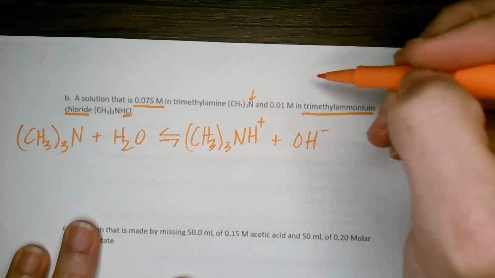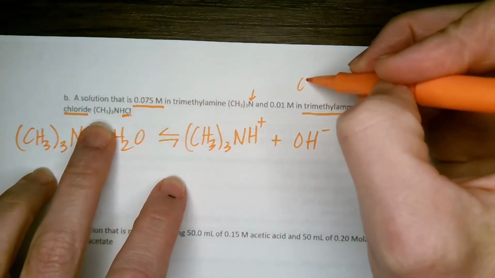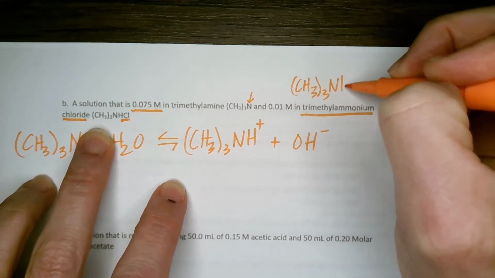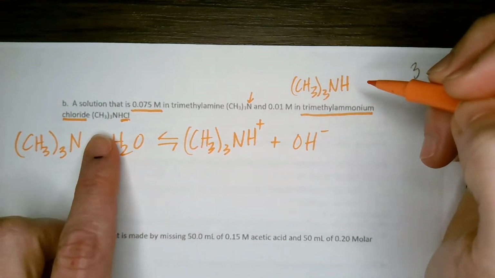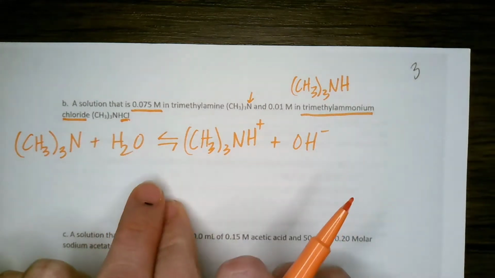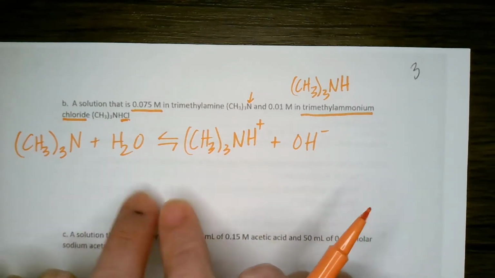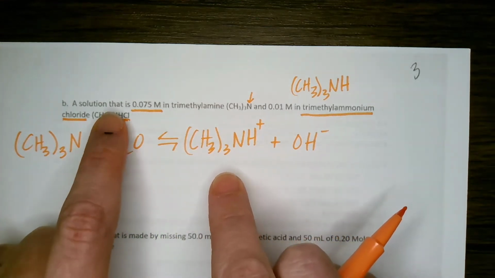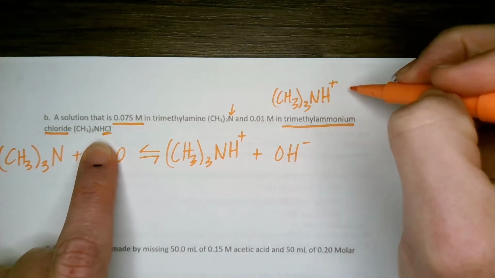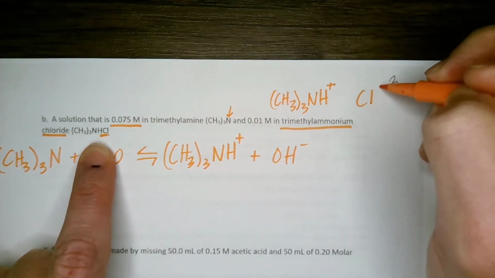Now, we also have our trimethylammonium chloride. So up here, I'm just going to write this CH3, NH, and when this trimethylammonium chloride as a salt, it is going to 100% dissociate into the cation and the anion, right?